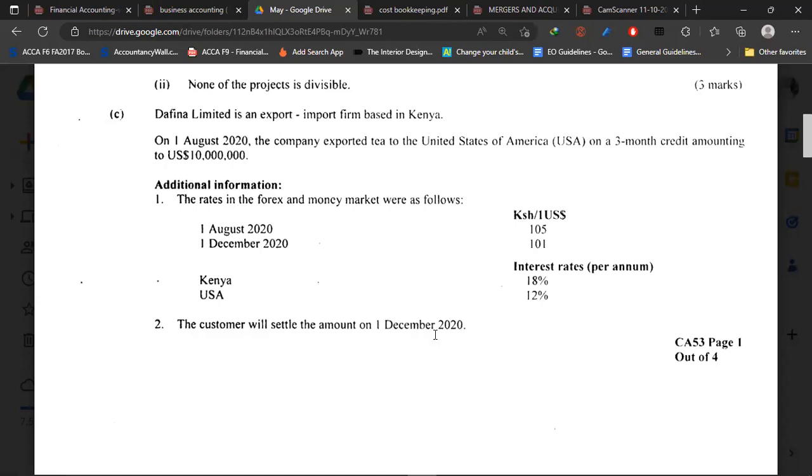Additional information: the rates in the forex and money markets were as follows. On 1st August 2020, Kenya shillings to $1 was 105. On December 1st, 2020, the rate was Kenya shillings to $1 at 101. The interest rate for Kenya is 18% and USA is 12% per annum. The customer will settle the amount on 1st December 2020.